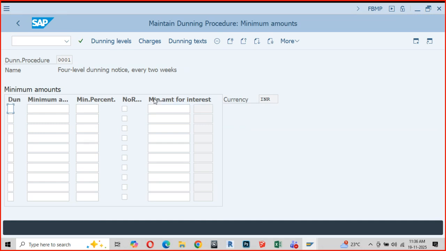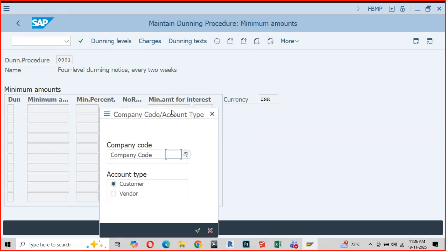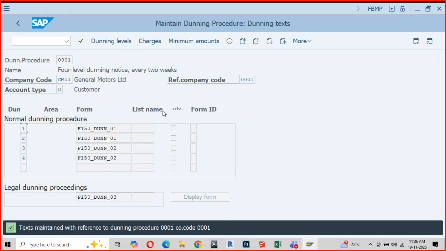And where are the letters coming from? They are coming from the dunning texts. See, these are the forms, called the forms or the standards, for which you can see first level of dunning, second level of dunning, third level of dunning, fourth level of dunning. Clear?